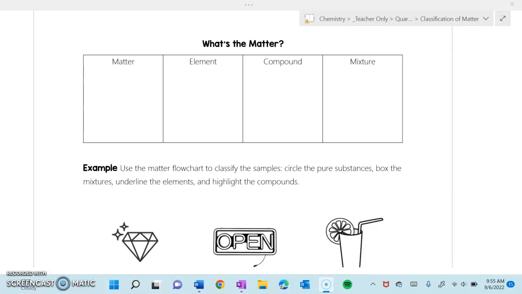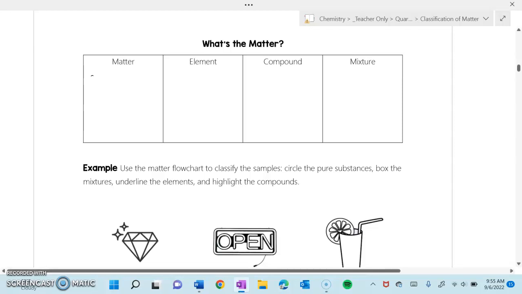If you remember back to the first week of school, we said that chemistry is defined as the study of matter. And matter is any sample that has mass and takes up space. Really that includes everything that is tangible in this world. Has mass, that means it has stuff in it, and takes up space.